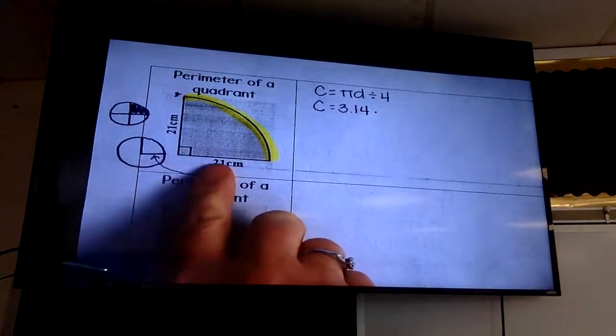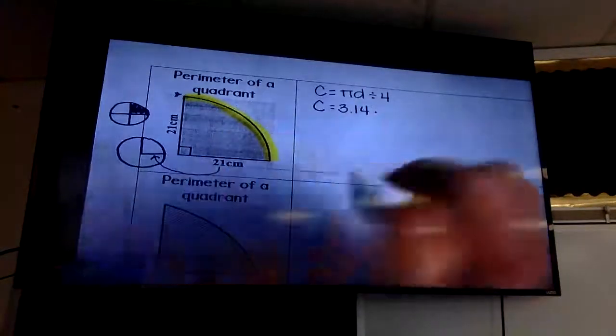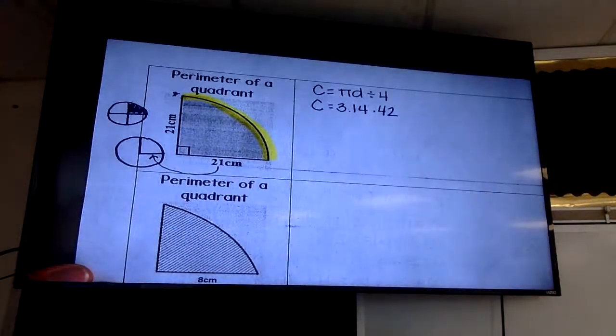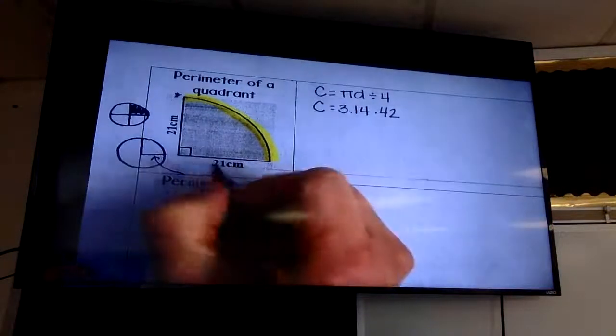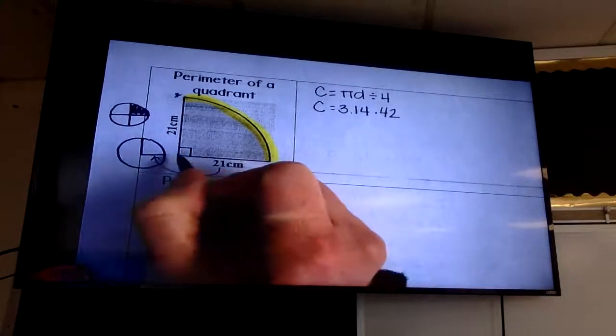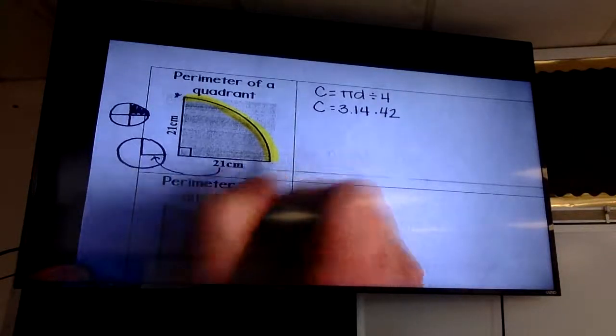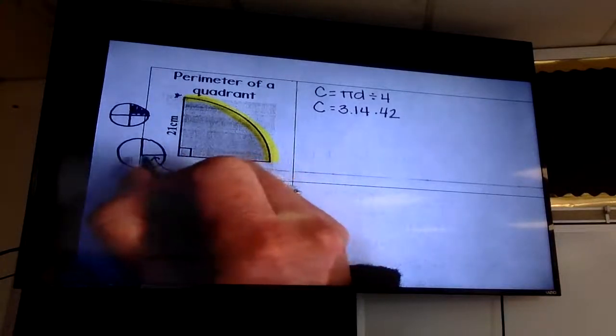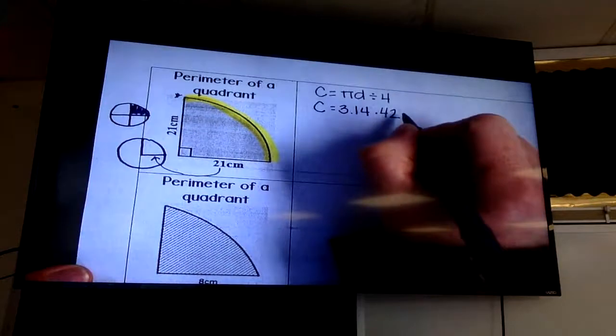So I'm going to say 21 plus 21. That means my diameter here is 42. That's another place where it can be super tricky. Remembering that this flat side of a quadrant, that's actually just the radius. That's not the diameter of the circle. It's not going all the way across. It's just halfway across. Right?